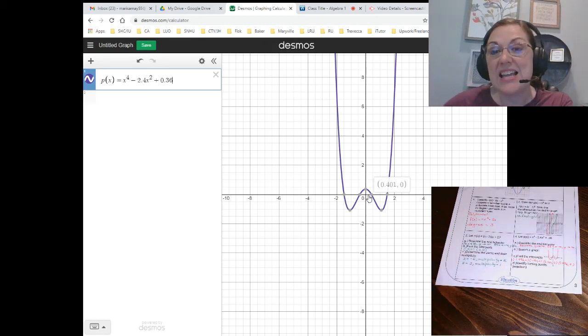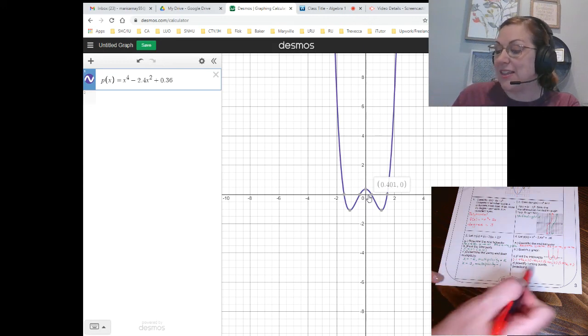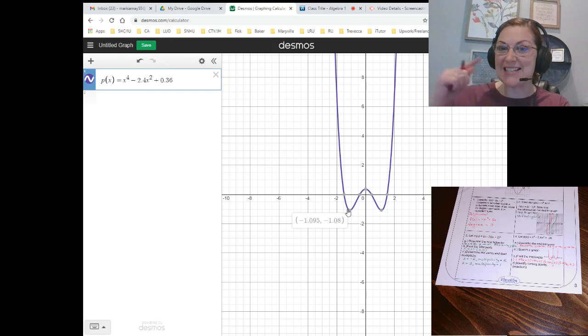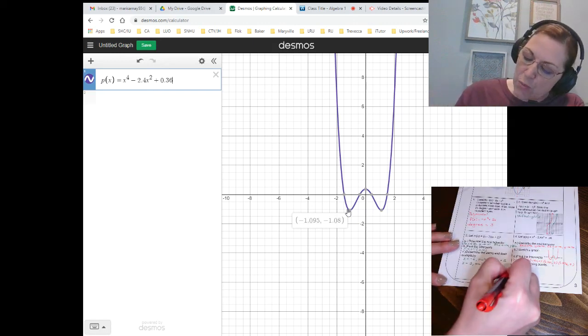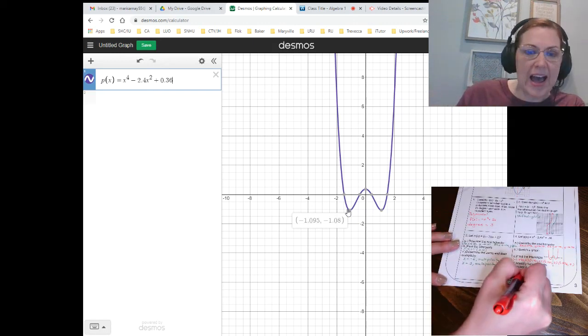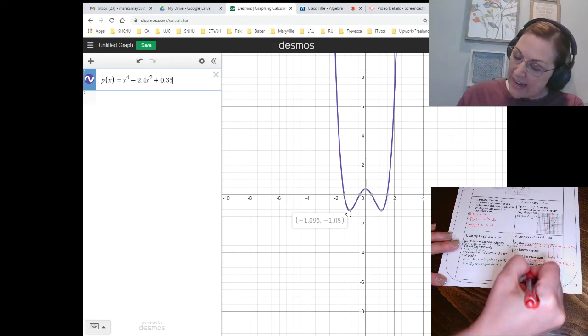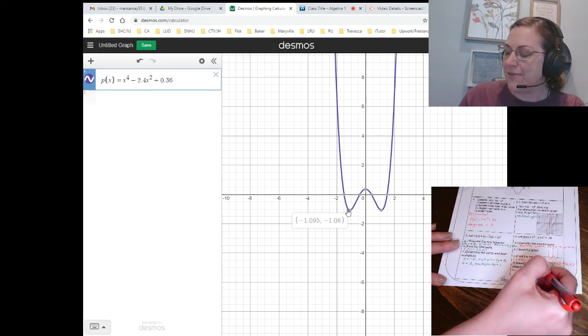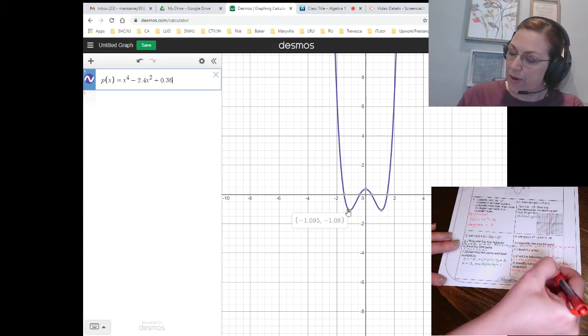Okay. Now the last question asks us to identify the turning points. These are the maxes and mins. And again, Desmos has identified these for you. So we have minimums at negative 1.095, negative 1.08.